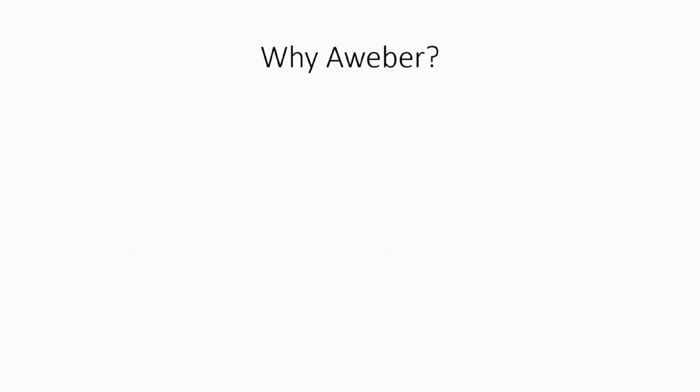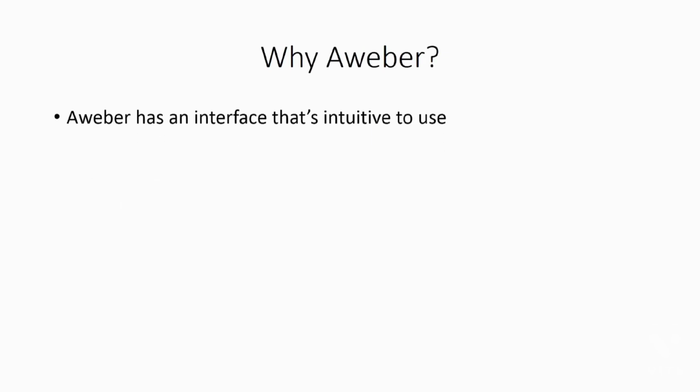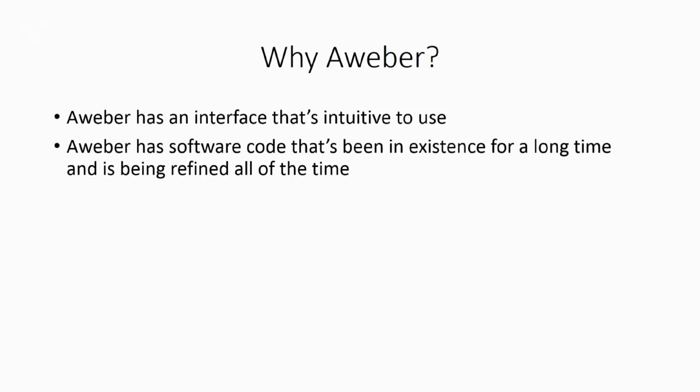You might ask now, why Aweber? It's probably because Aweber has an interface that's really intuitive to use. Just about anybody can get started using Aweber and figure out how to write a message. For you technical people, it has software code, and Aweber's been around for a long time, so all that software code is constantly being worked on and refined.